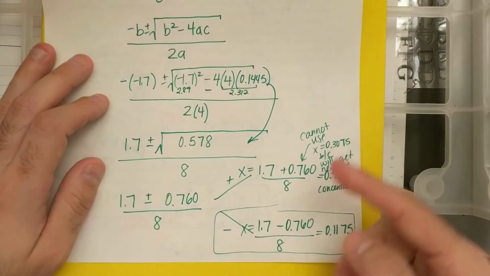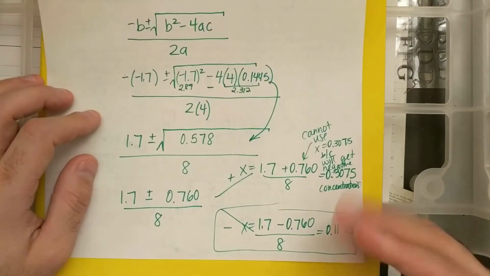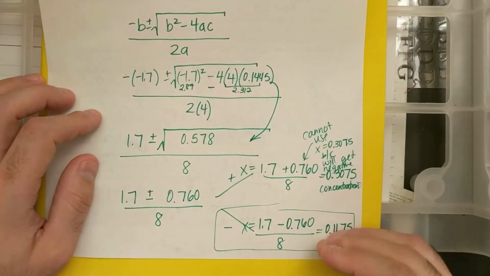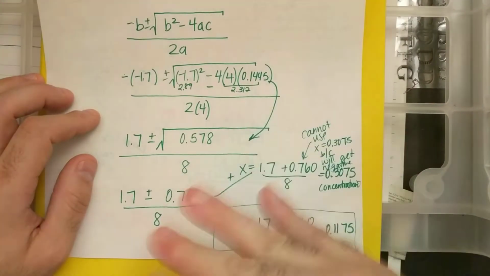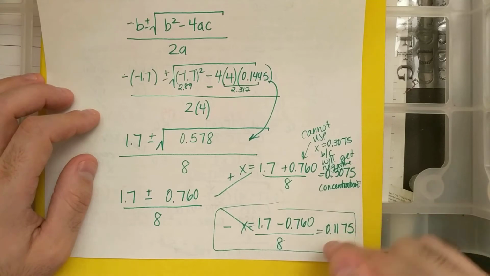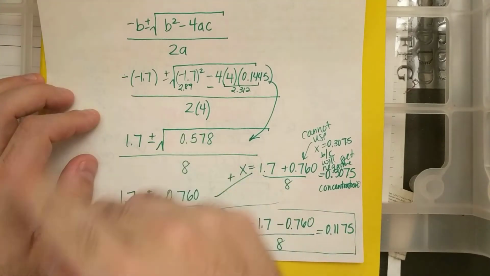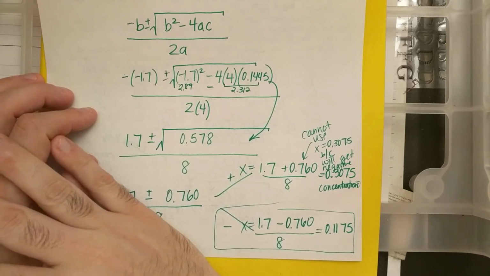And once I plugged it in, I have to figure out which root was going to be the one I use. In some cases, you'll get a negative root and a positive root. If I get a negative one, I'm obviously not using that one. If I have 2 positives, I want to use the one that does not give me an incorrect or negative value in my equilibrium expression.